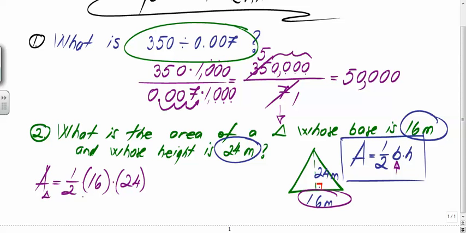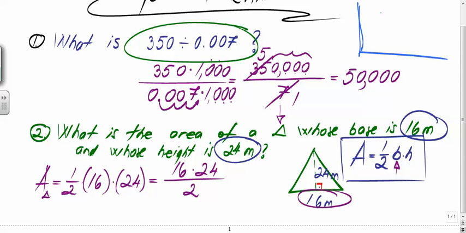Before any of you will go ahead and just multiply, two at a time, we can rewrite this whole expression as 16 times 24, everything over 2. Because you remember, if you multiply fractions by whole numbers, and I'm going to show you here on the top, one example.